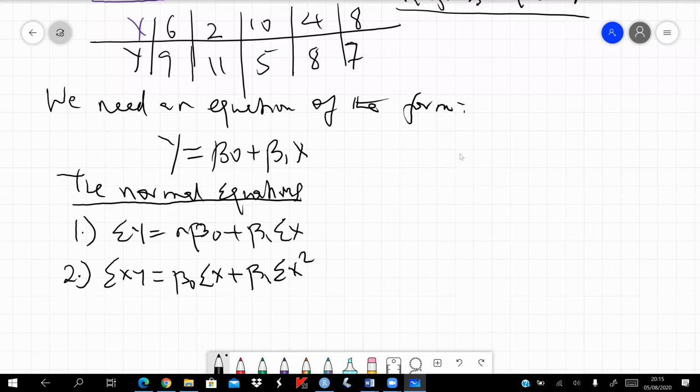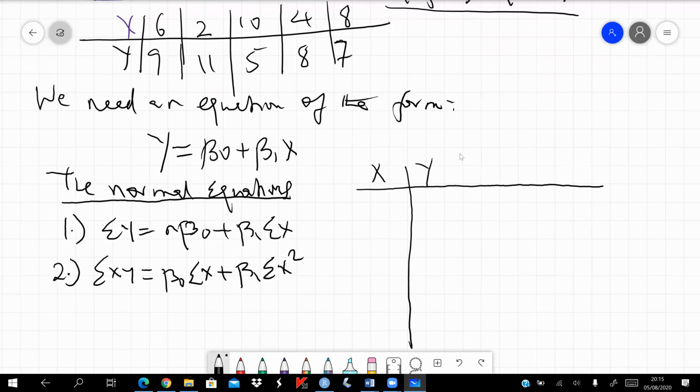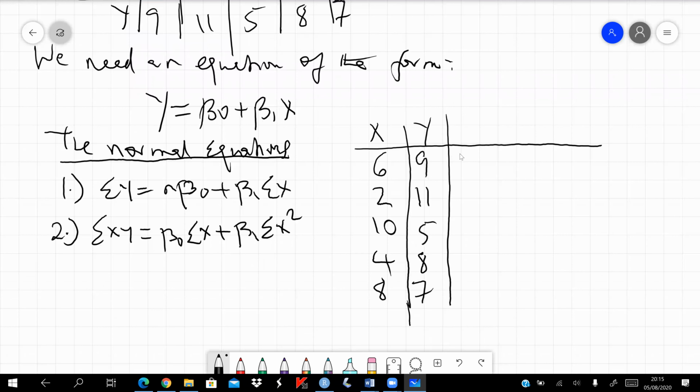So I need to get these values of summations from my data. It's good practice to have your table looking like this. So we have 6, 2, 10, 1, 8, and 9, 11, 5, 8, and 7. I want to complete the first normal equation.